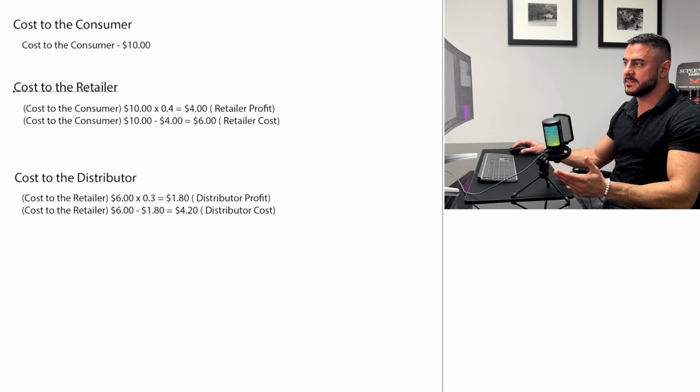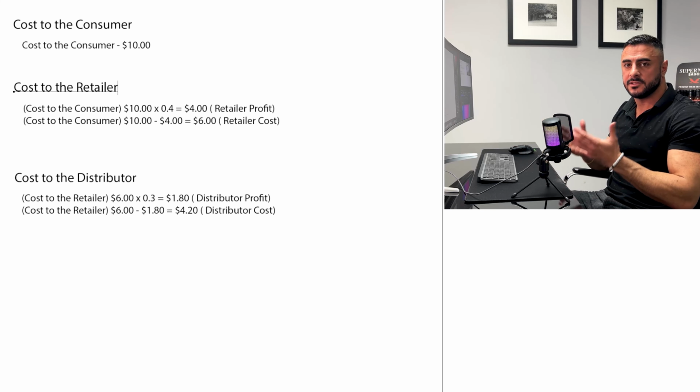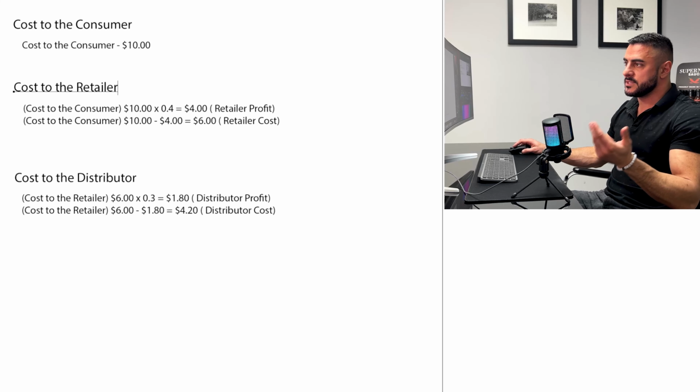So we multiplied that $10 and got a $4 profit for the retailer, meaning that the retailer must make at least $4 on this product for it to be a product that they can sell and that they would consider even putting on their shelves, because they need to make a profit themselves. So we said $10 minus $4 is $6, which means that the retailer must buy our product for $6 in order to sell the product for $10 and make a $4 profit and be happy.